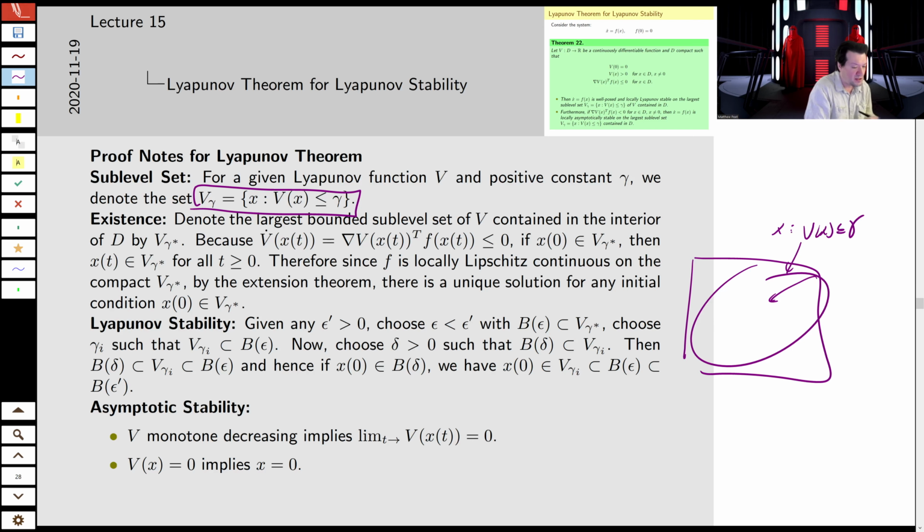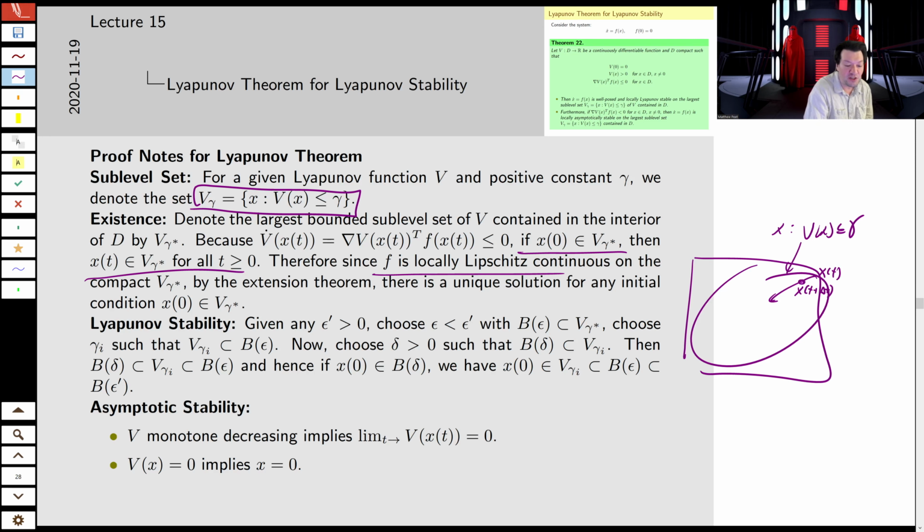Then you can conclude that the solution stays inside that sublevel set, and because this function is Lipschitz continuous on any compact set, and this set is compact because it's contained in D, we have a solution for some finite fixed time from, say, x of t to x of t plus delta t, right?